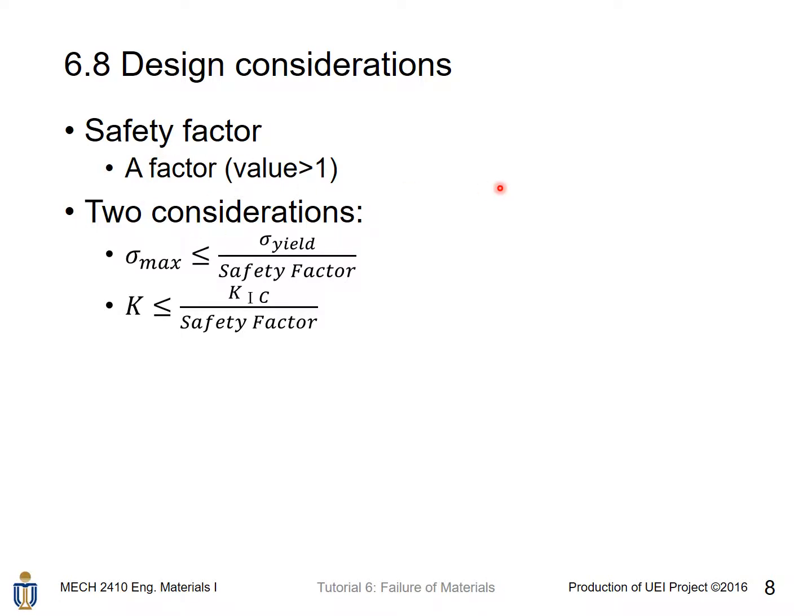Another consideration is the K value: the calculated K value under such working loading must not exceed K1C, the first mode fracture toughness for that material, over the safety factor.